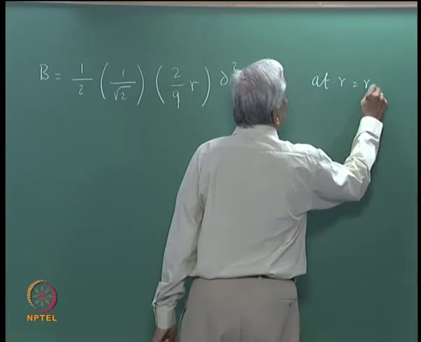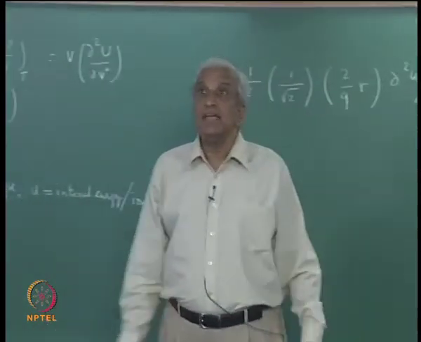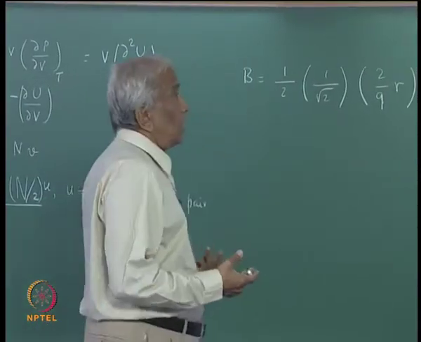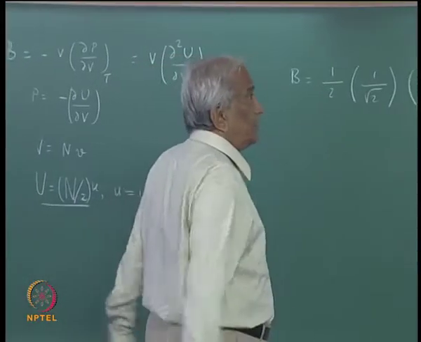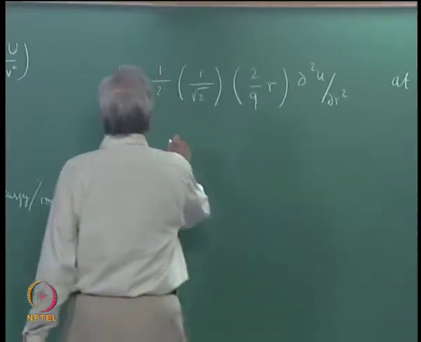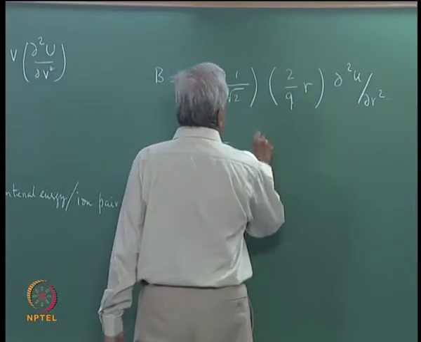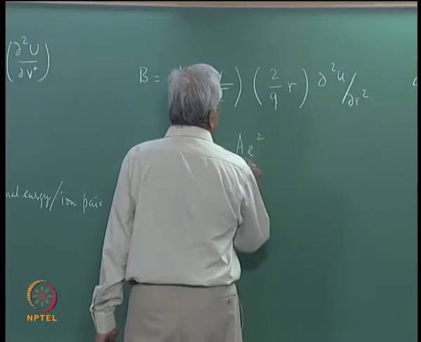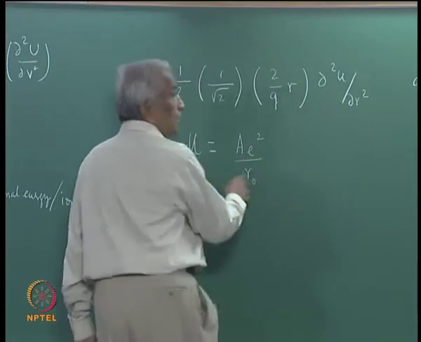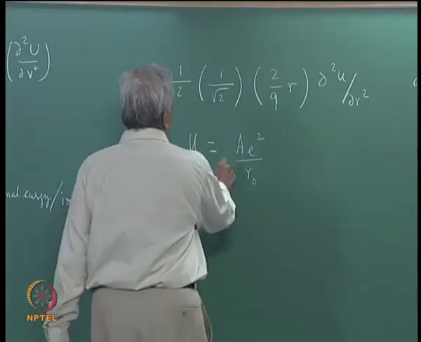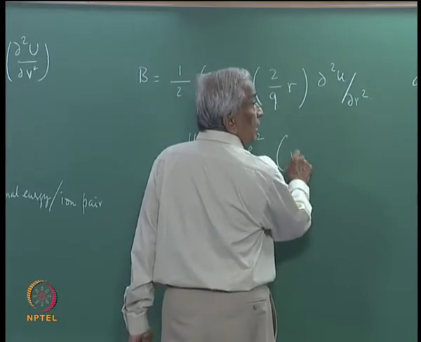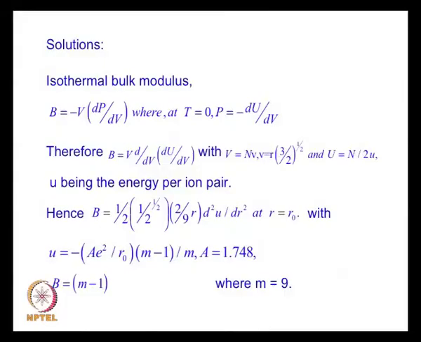This is something that we can get by minimizing the energy, where U itself is A e square by r 0 times m minus 1, where A is given in the problem as 1.748.